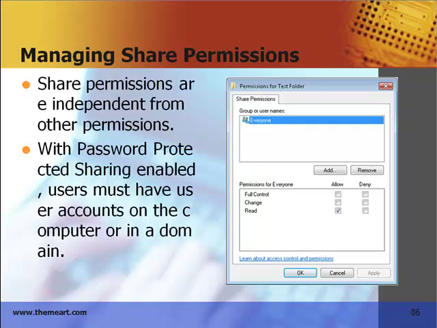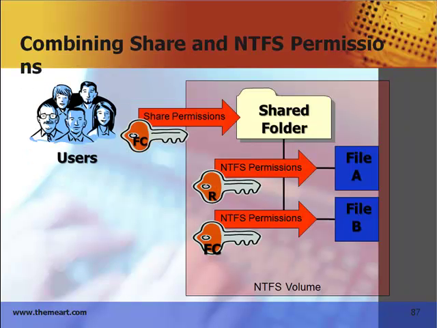Share permissions accumulate just like NTFS permissions accumulate. And so the default permission, know this, the default permission now is everyone read. That is different from previous versions of Windows, which were everyone full control. When we combine share and NTFS permissions, remember, you accumulate the NTFS permissions, then you accumulate the share permissions, then you compare the two.